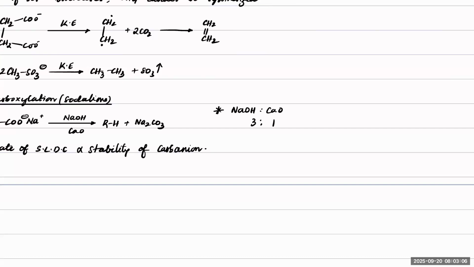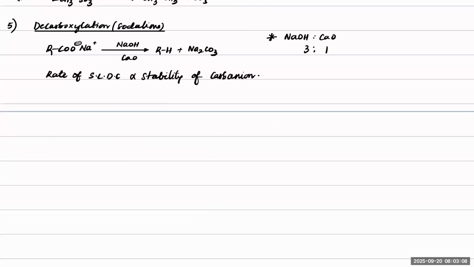Next, the sixth one is Grignard's reagent. Grignard's reagent will also generate alkanes.